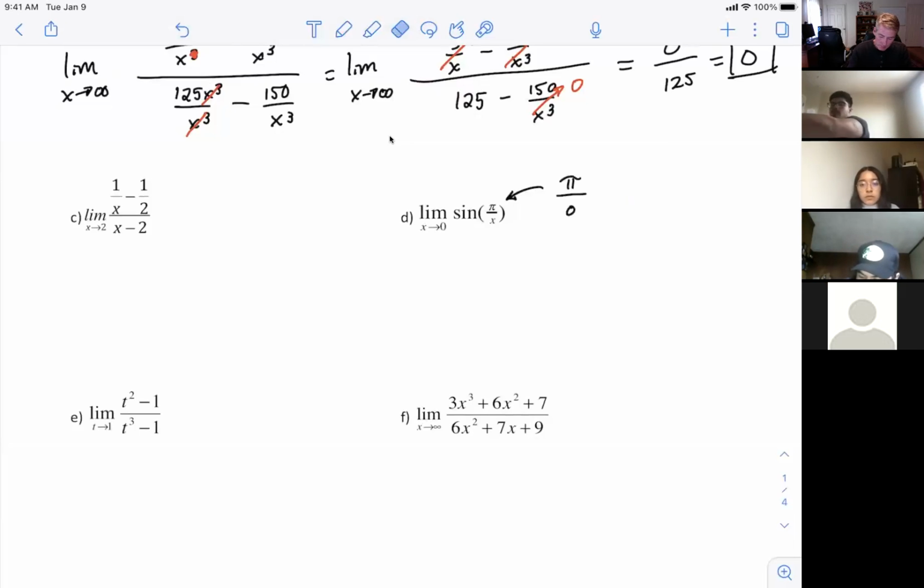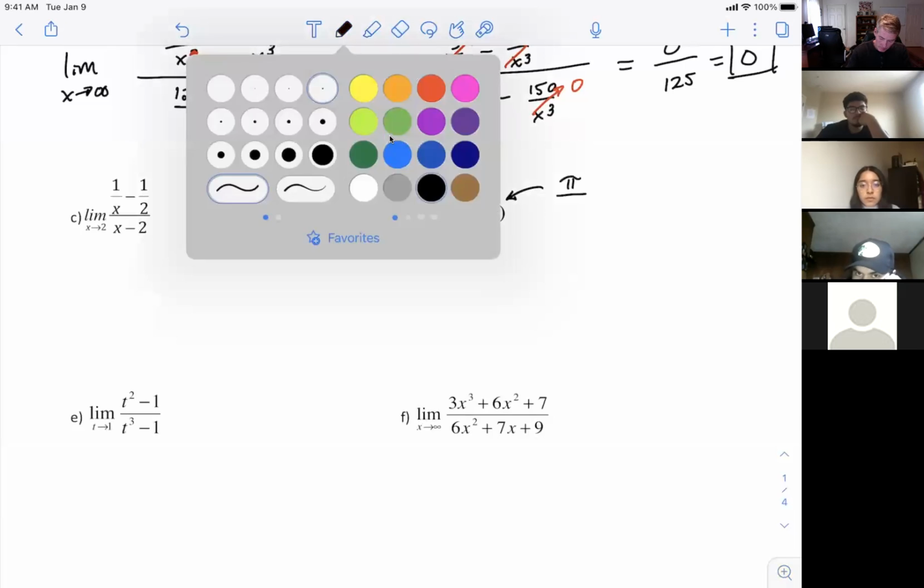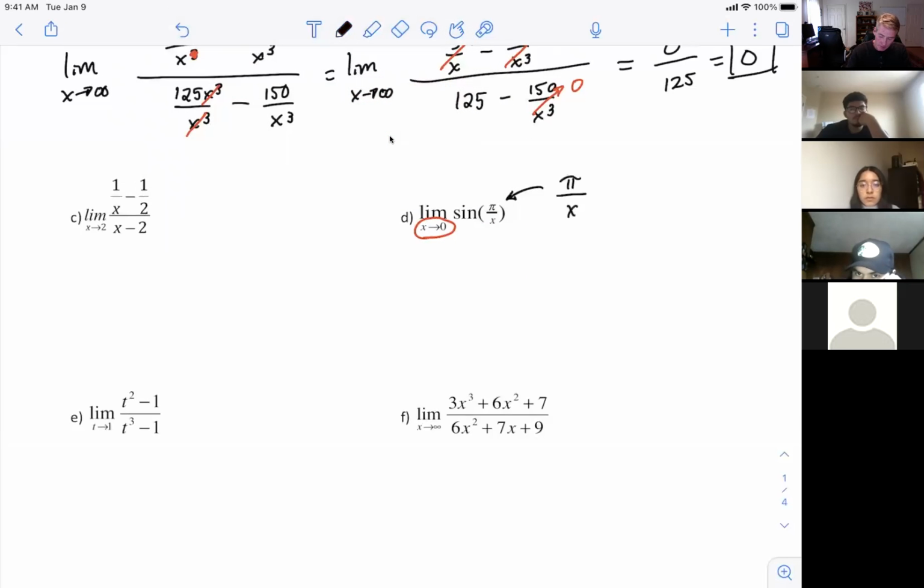Now this part right here doesn't actually say x is equal to 0. It's saying that it's getting closer and closer and closer to 0. So what happens to the pi over x if x is getting closer to 0?